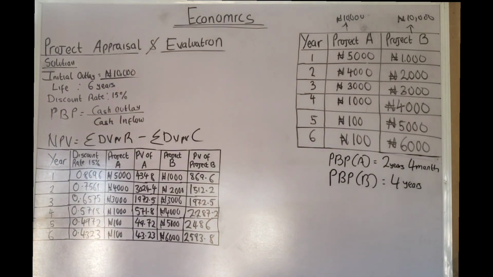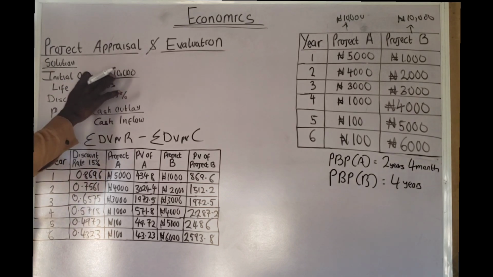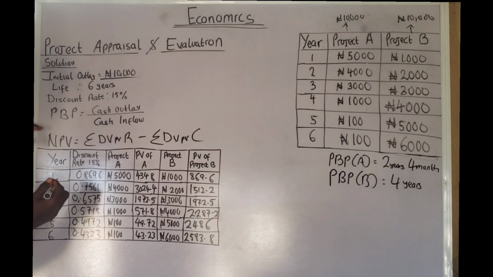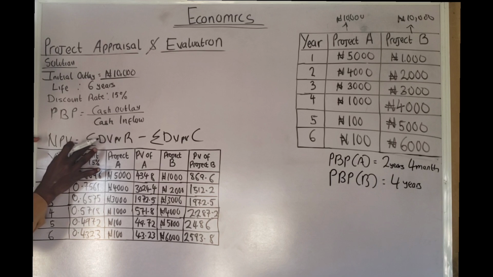Are you paying attention? Now, for each project, we have to get the net present value differently. Okay? Hence, because we have been given that the initial cash outlay is 10,000 naira, I'm going to sum to get the net present value of project A now.